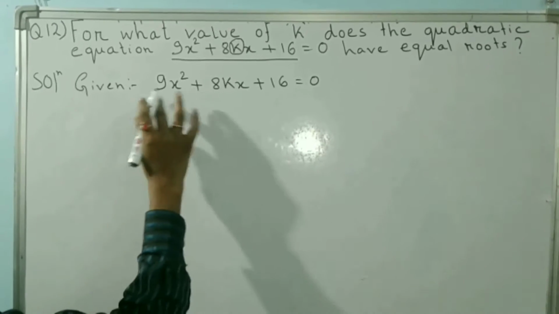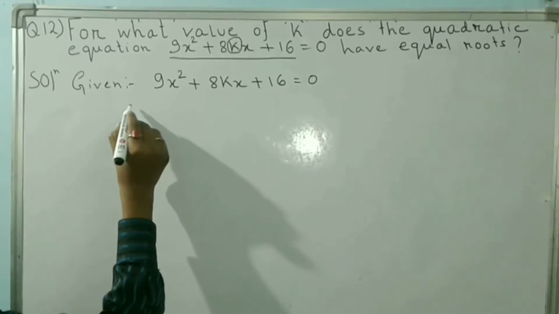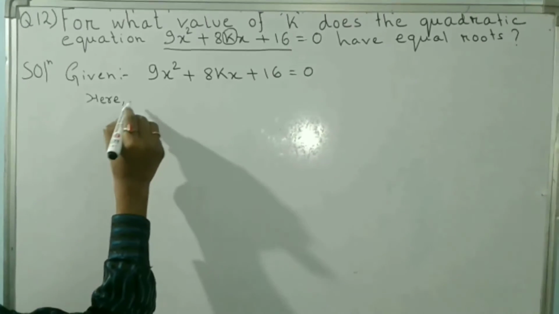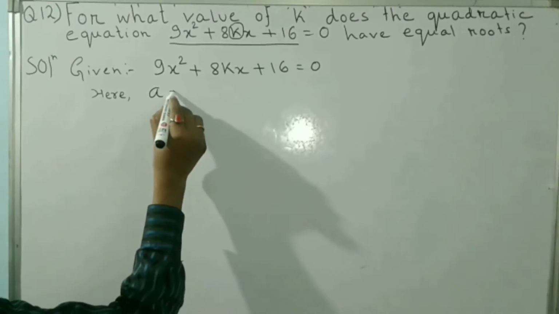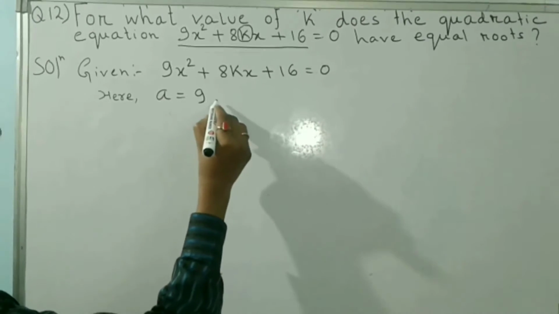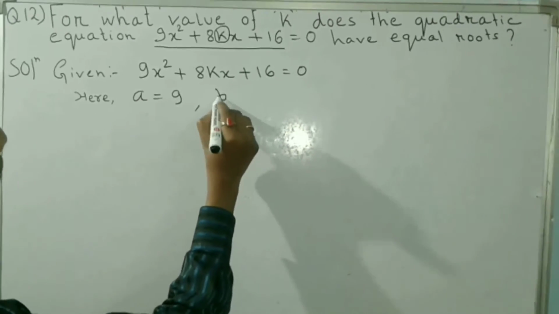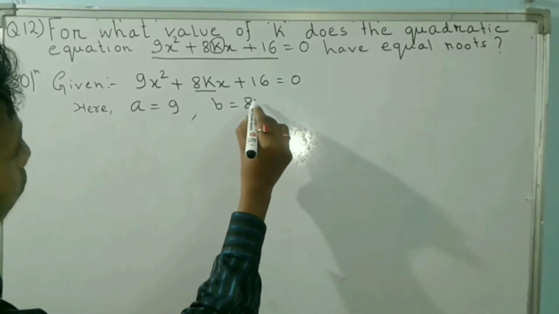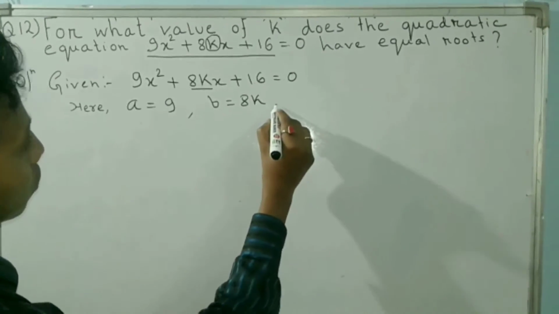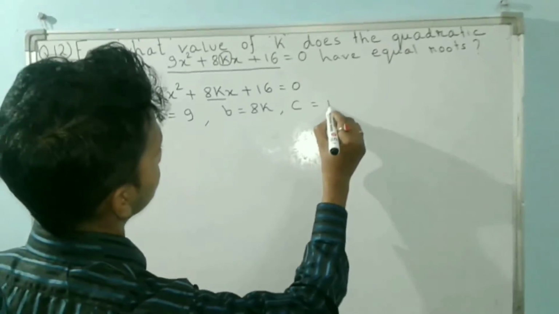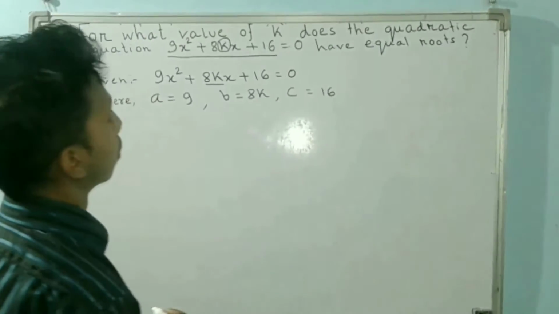If you compare, we can write here the value of a is 9, the value of b is 8k, and the value of c is 16.